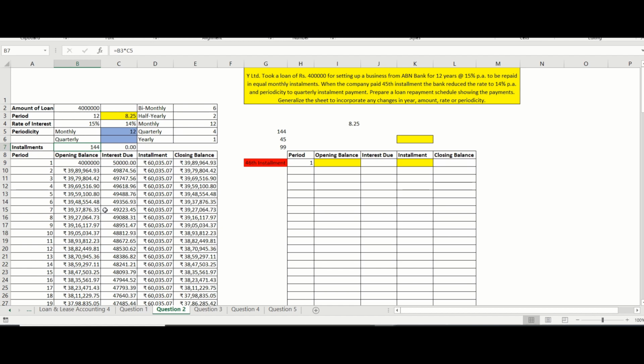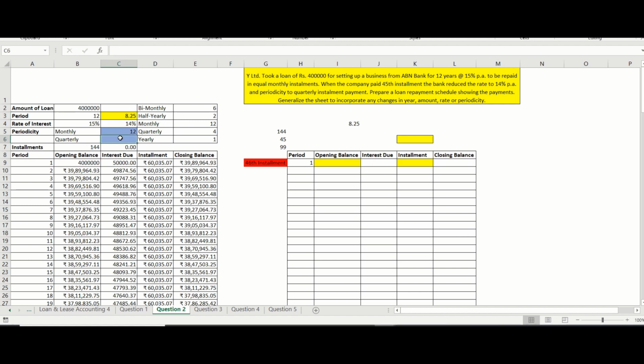However, once you paid the 45th installment, the company changed its policy. It changed its rate from 15 to 14%. अब कितनी इंस्टॉलमेंट्स बचे हुई हैं? 144 minus 45 which is 99. जब हम पीरियड को फॉर्मूला में यूज़ करते हैं इन टर्म्स ऑफ ईयर्स, इसीलिए we divide this 99 by 12 and we got 8.25.